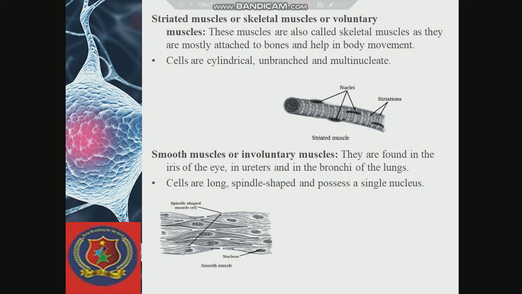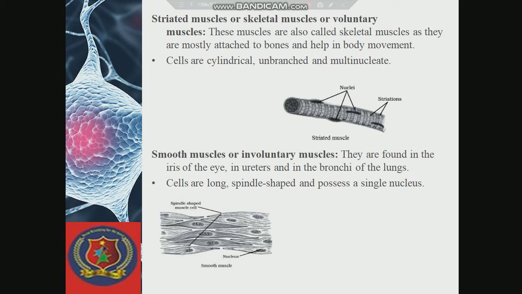Under a light microscope, when these muscles are viewed, we can see alternate light and dark bands or striations, but only when we stain these voluntary muscles properly. We have already discussed what a stain is in Chapter 5, the fundamental unit of life.